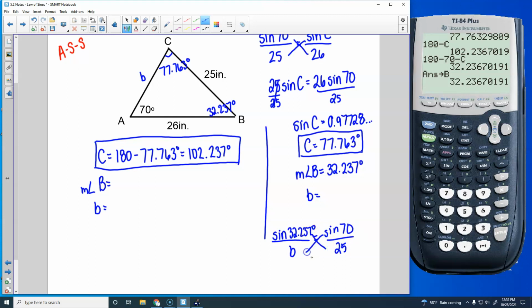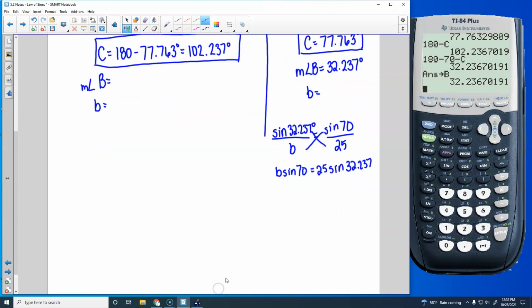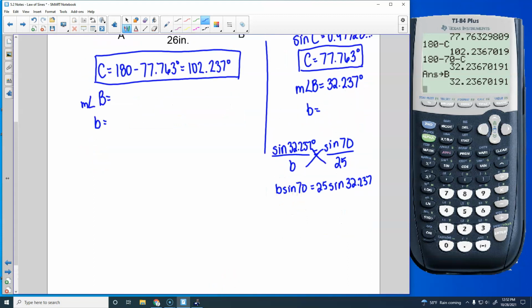And so we will cross multiply with B sine 70 equals 25 sine of 32.237. And to solve that, I have to divide by sine 70.